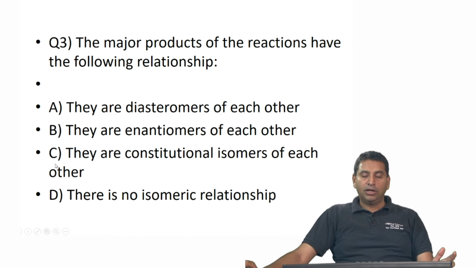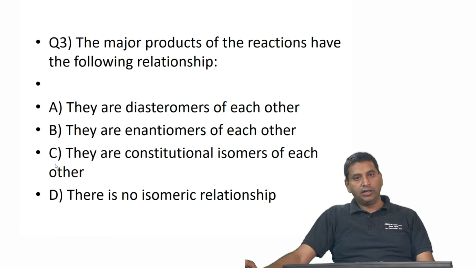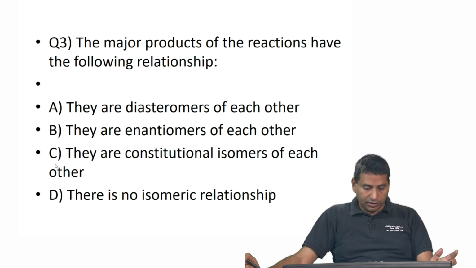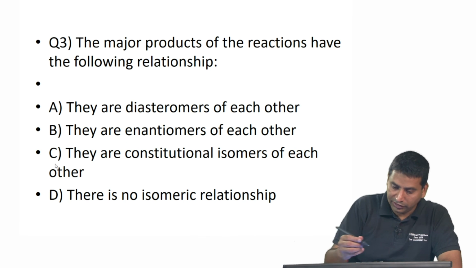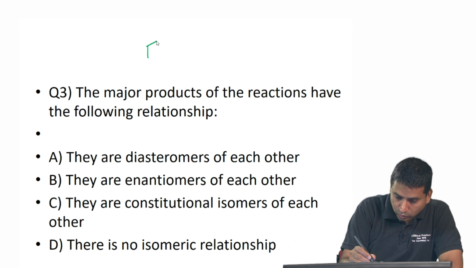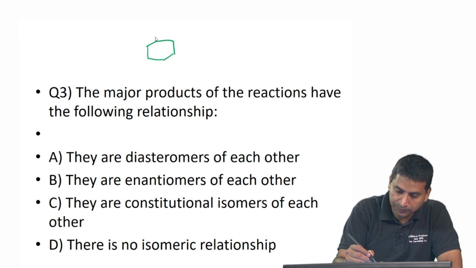Okay. Now, let us look at the next question. The major products of these reactions have the following relationships. They are diastereomers of each other, they are enantiomers of each other, they are constitutional isomers of each other, there is no isomeric relationship. Okay. So, in order to address this, let us draw out the two major products.